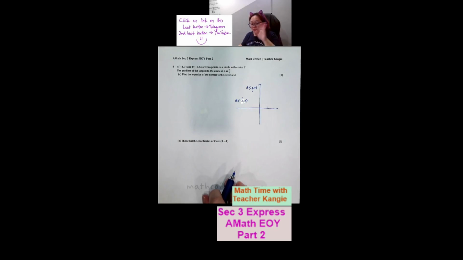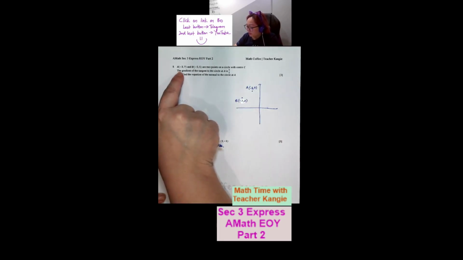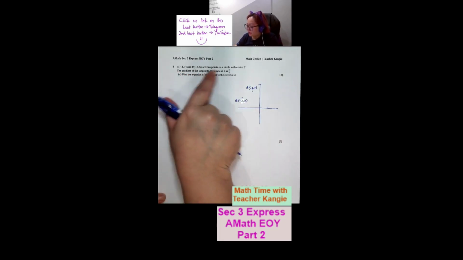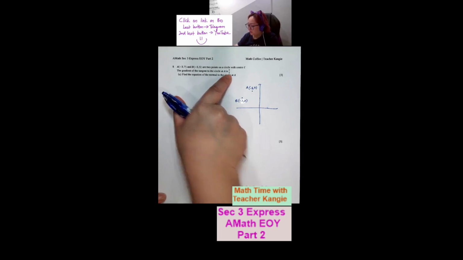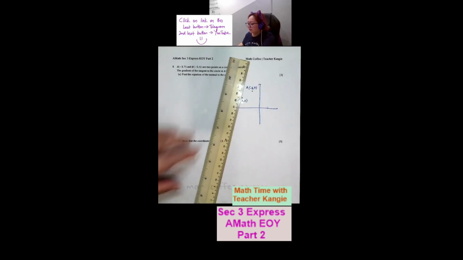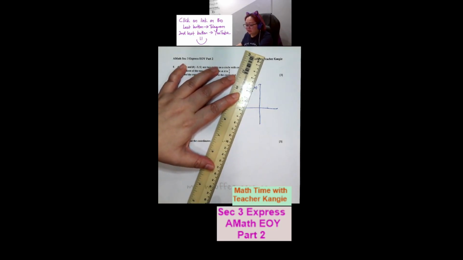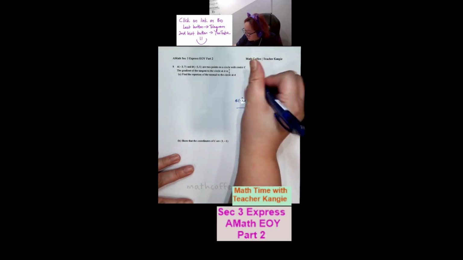And because this is not the diameter, when I want to draw the center, before that, let's take a look at this part. They say the gradient of the tangent at A is positive. It means that later when I'm going to draw the tangent line on point A, I give a positive gradient. It's a positive line. So in this case, I'm going to draw this one like that.